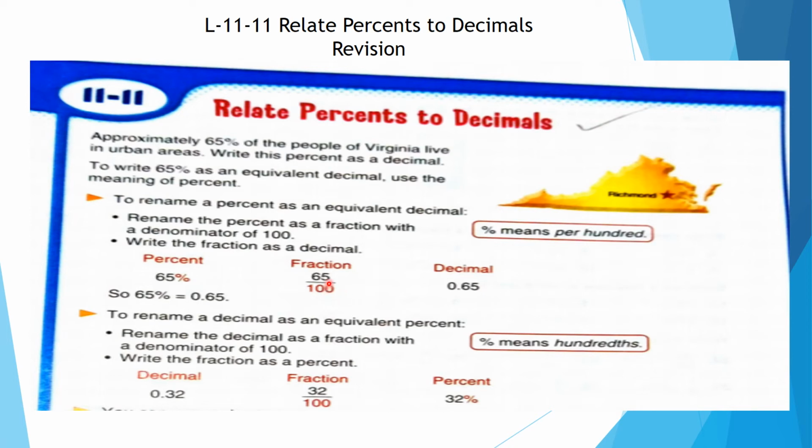divide by 100, move the decimal to the left side. What is the answer? 0.65. It's an easy way.